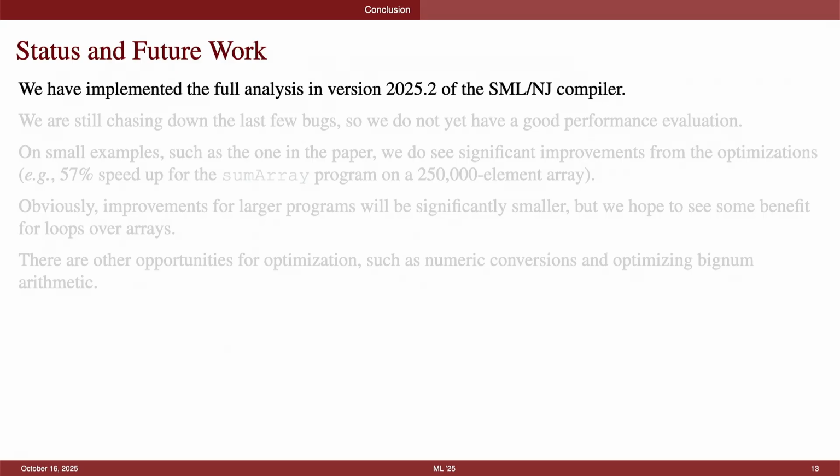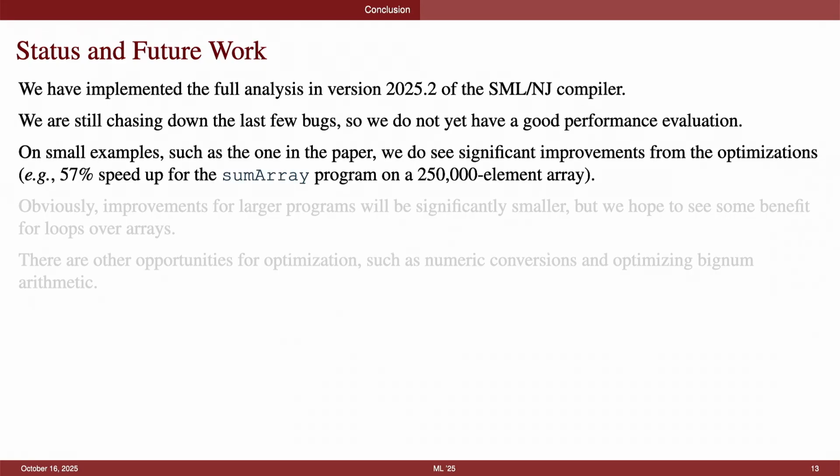We've implemented this analysis in the 2025.2 version of SML New Jersey, the version that uses LLVM as its code generation infrastructure. I would say they're still chasing down bugs, so I don't have a good performance analysis for you, but we have been able to run some things.